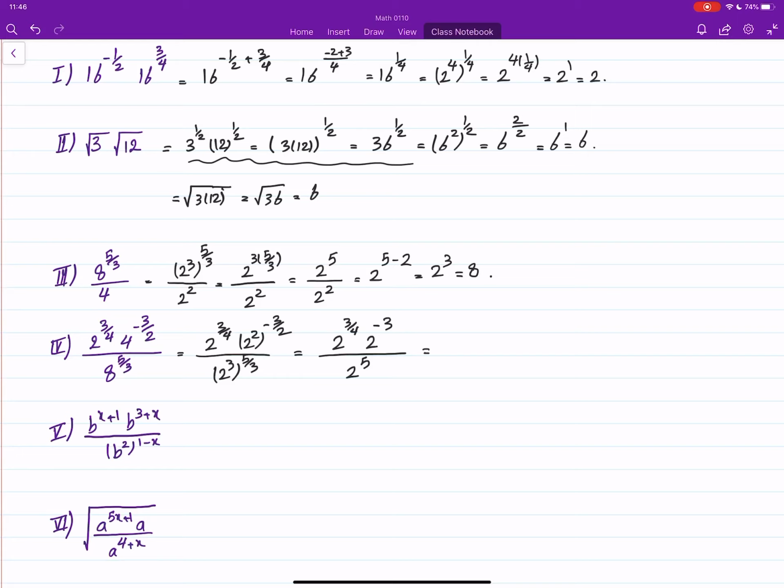So this is 2 to the power 3 over 4 plus negative 3, and then minus 5. That will give us 2 to the power, okay, this is negative 8, which is negative 32 over 4, and this will be negative 29 over 4.